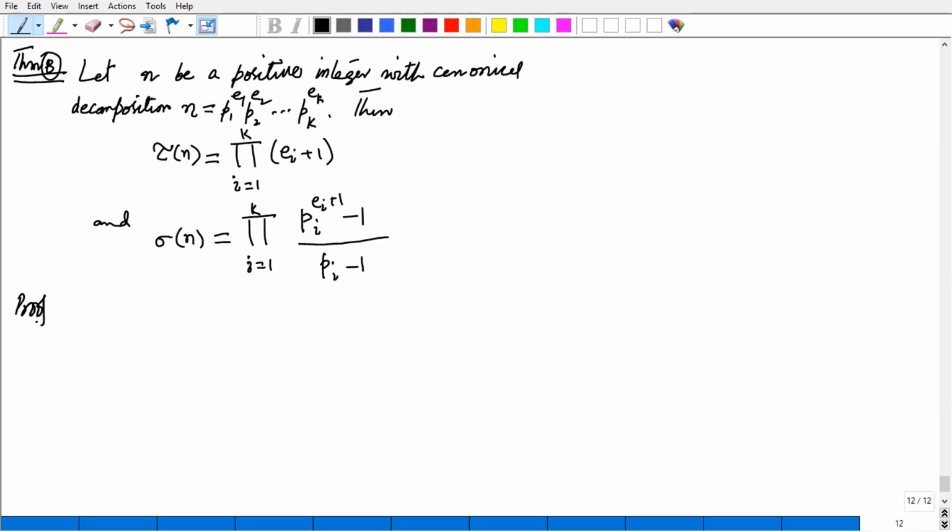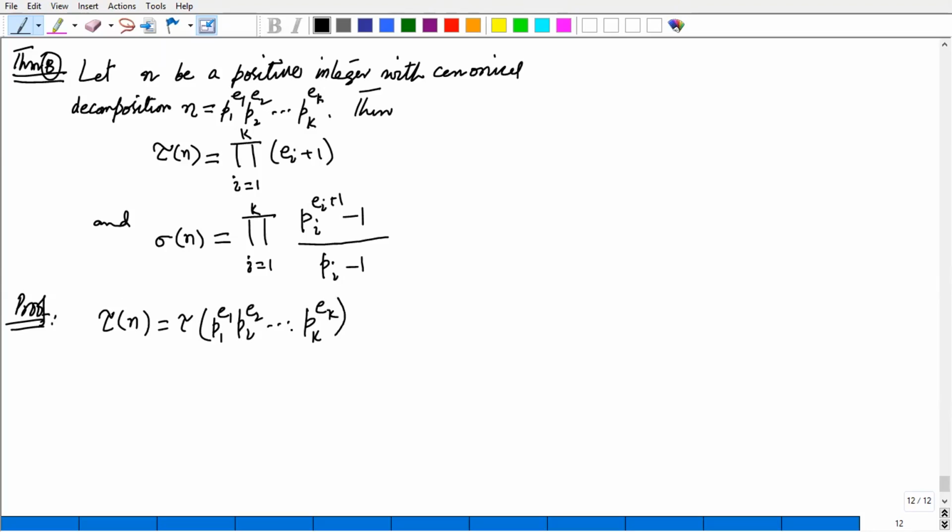So look at the proof. Tau of n means tau on p1 to the power e1, p2 to the power e2, up to pk to the power ek.